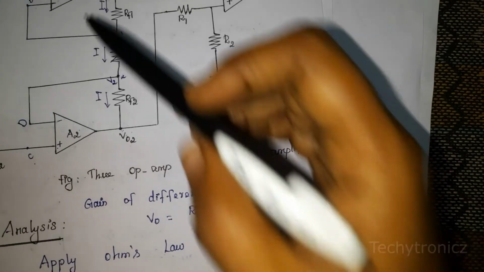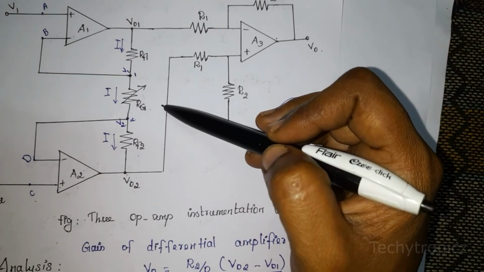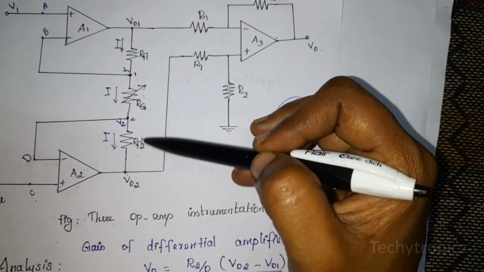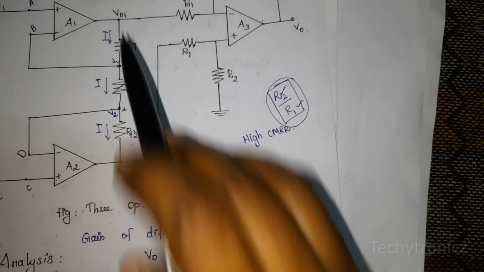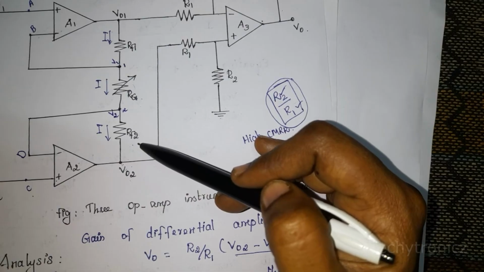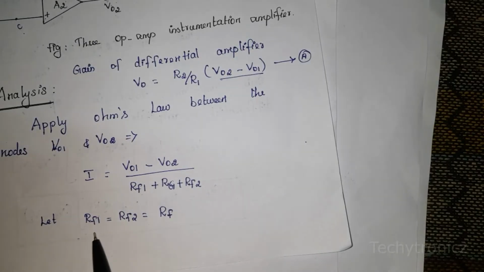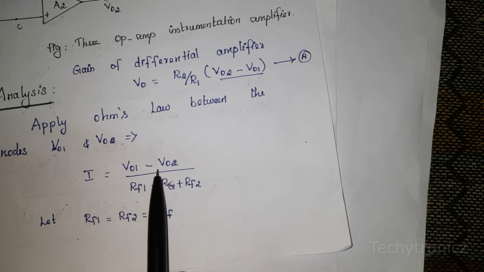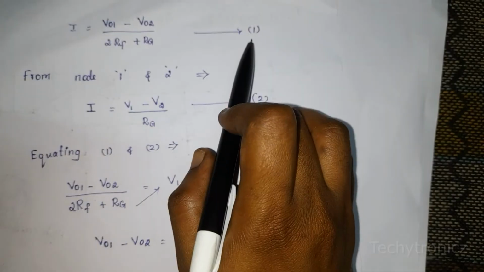There are three resistances connected between V01 and V02, that is RF1, RG, RF2, so we add all the resistance values. RF1 and RF2 are the non-inverting feedback resistances, both are the same, so we use RF1 equals RF2 equals RF. Substituting RF, we get I equals V01 minus V02 divided by 2 RF plus RG. That is equation number 1.